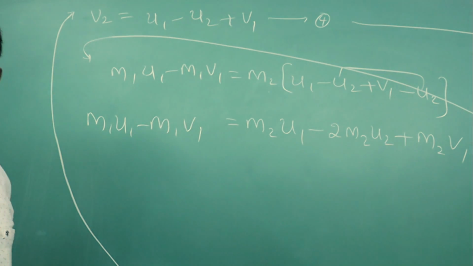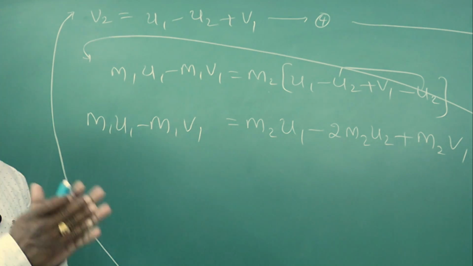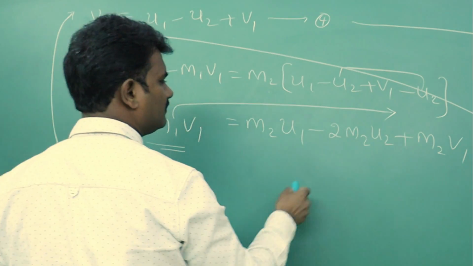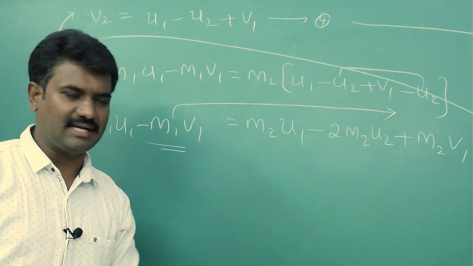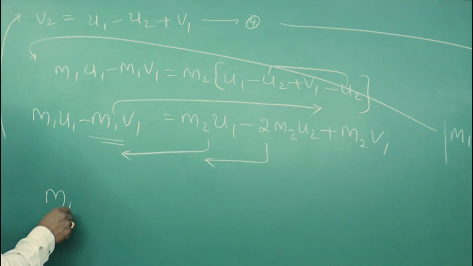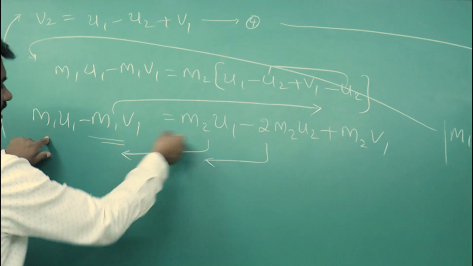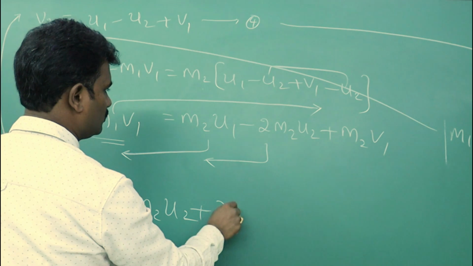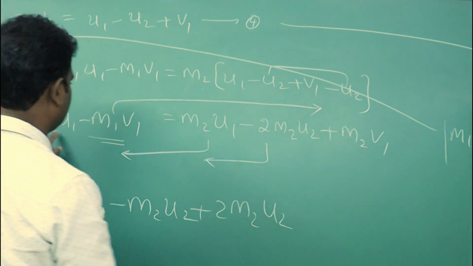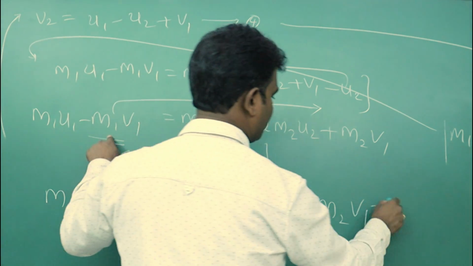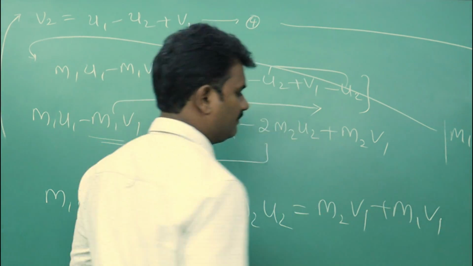What is our aim? Our aim is to find the value of v1. So I am going to bring v1 to one side and the remaining terms to the other side. I am going to move this towards right and the remaining terms towards left: minus m2 u2 plus 2 m2 u2 equal to m2 v1 plus m1 v1.